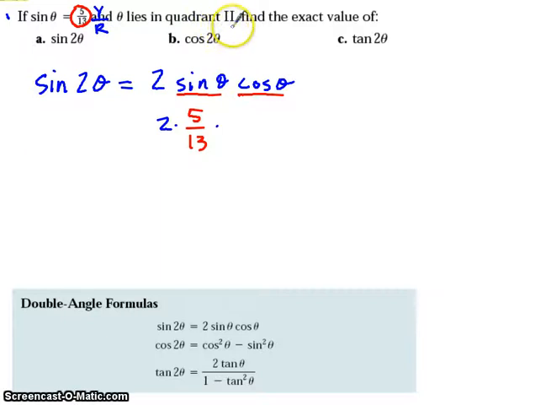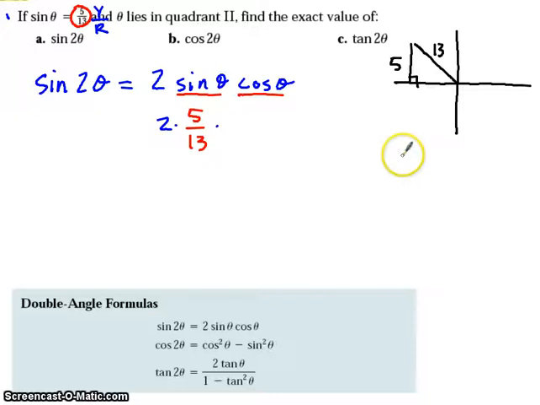What we need to find is cosine. And so let's go ahead and do that. We're told that we are in quadrant 2. And so we're going to draw a triangle in quadrant 2 with our y value and our r value. And we want to find the x value.